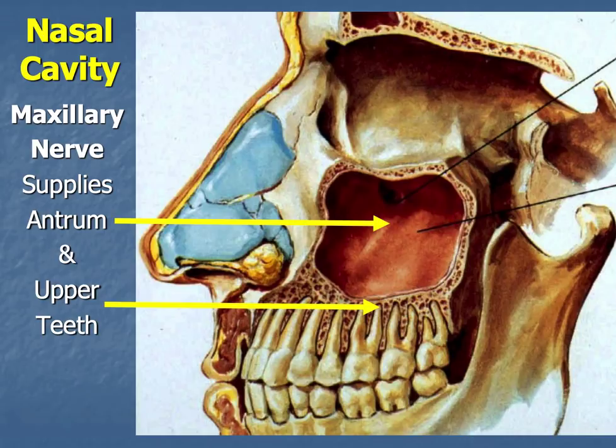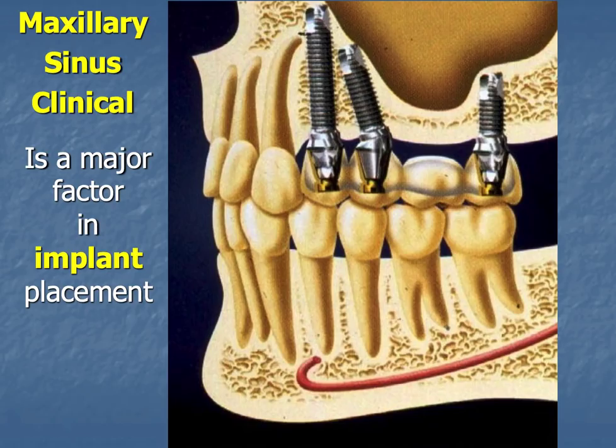The other complexity with the proximity of the maxillary teeth to the maxillary air sinus is when we now try to place osseo-integrated implants. For those not in the know, these are what was commonly called screw-in teeth. These are titanium implants that integrate directly with the bone and are used to hold up bridge work to make artificial teeth. But these implants, as you drill them in, you run a grave risk of getting into the maxillary air sinus.